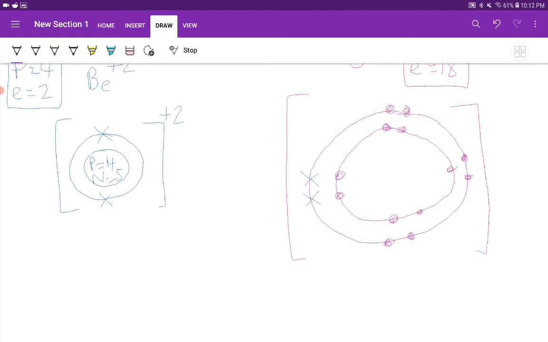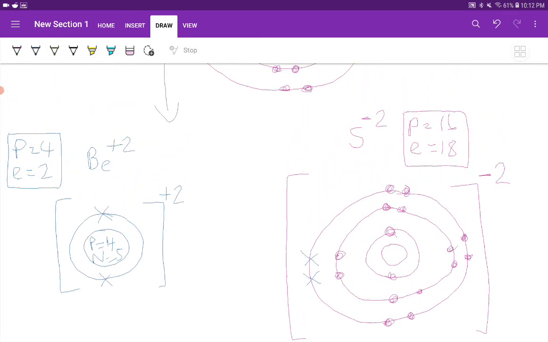Make sure you always fill up your shells. Your first shell, and put in your nucleus. And then make sure that you put on the charge on the ion. You have 2 more negatives than positives, so the ion is going to be negatively charged overall.